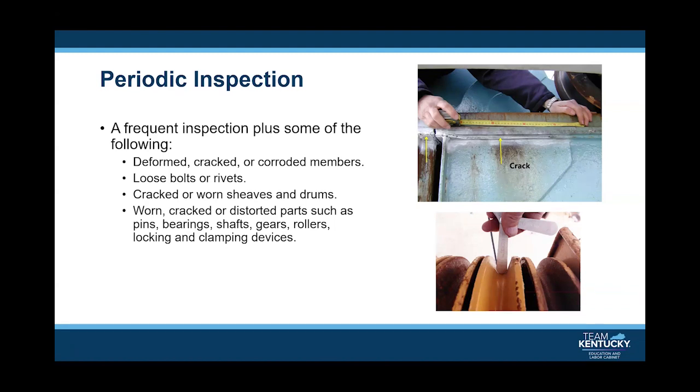In addition to inspecting all items included in the frequent inspection, the inspector would inspect some of the following items: deformed, cracked, or corroded members, loose bolts or rivets, cracked or worn sheaves or drums, and worn, cracked, or distorted parts such as pins, bearings, shafts, gears, rollers, and locking or clamping devices.